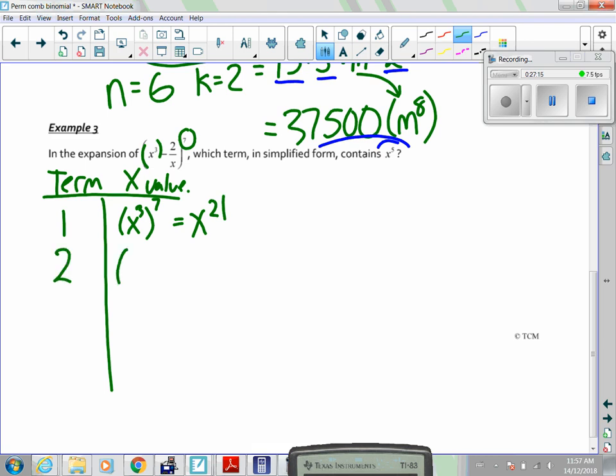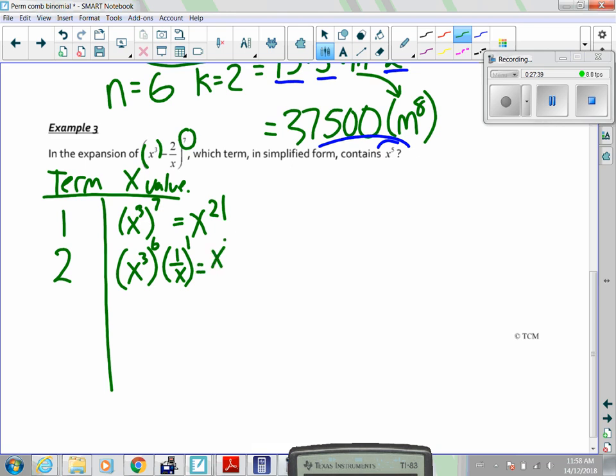In term 2, I'm going to have this to the 6th, and then this to the 1. And again, I'm just ignoring my number parts till I find my k. The first part of the question, no matter which way you shake it, is really just about finding your k.